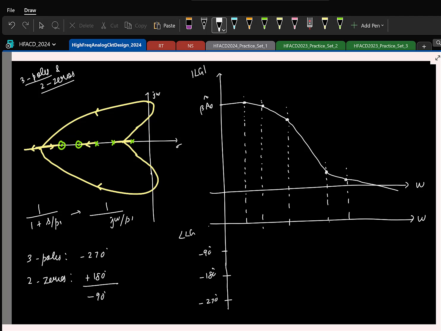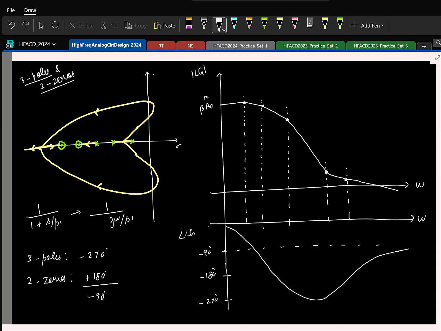Okay, so let me sketch it like this. Sorry, 0, right? Something like this. Okay, just a rough sketch. As omega tends to infinity, it goes to something like this. Very rough sketch. Good.